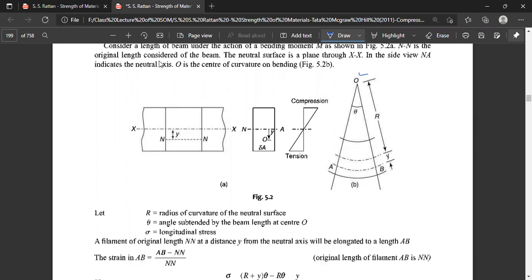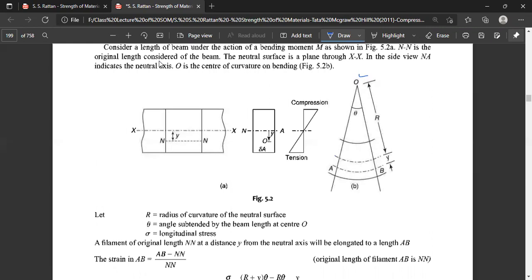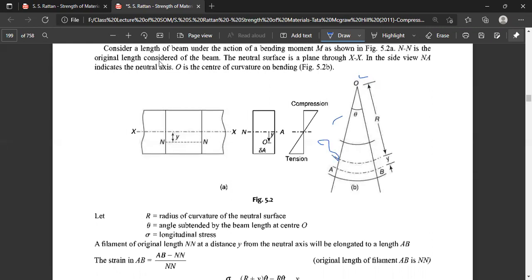Now R is the radius of the neutral surface. So from O to the value R, this is the neutral axis.